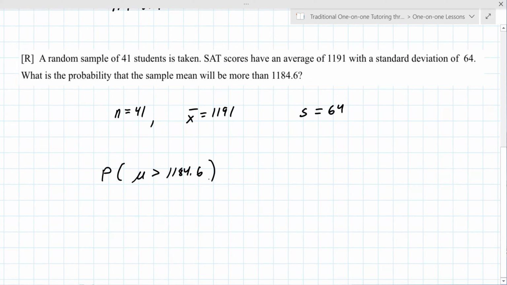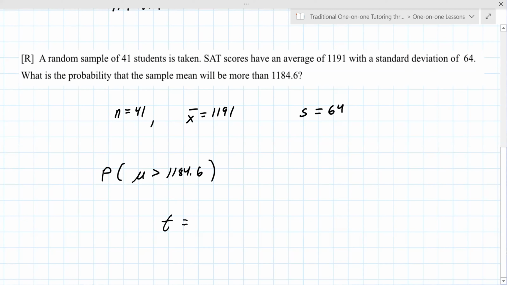The only thing I have to ask, because I don't know the context, is whether this is a t-test or a z-test. It depends on a few things in your class. If I didn't know anything, I would tell you it's a t-test, because you would use a t-test for any n unless sigma is known, and sigma is not known. This is the sample standard deviation. So I'm going to suggest we do a t-test here.